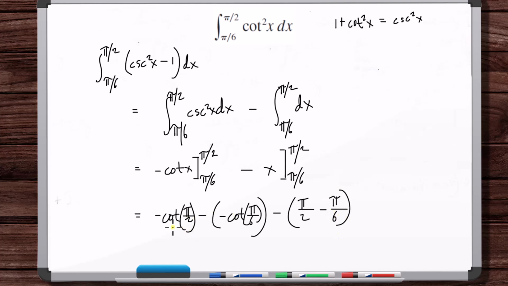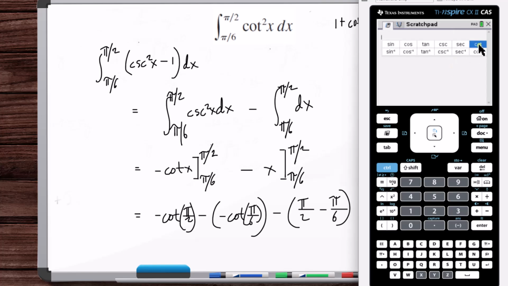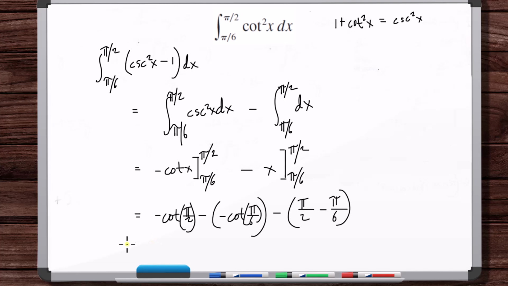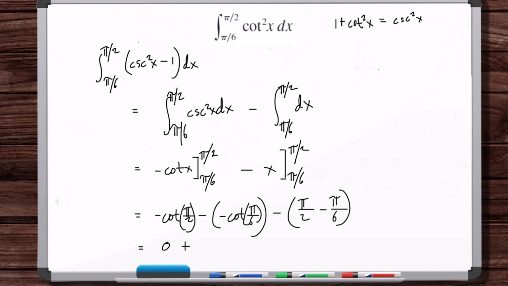Okay, cotangent is 1 over tangent. Let's just put these into our calculator. So, okay, cotangent pi over 2 is 0. Plus cotangent pi over 6, root 3.